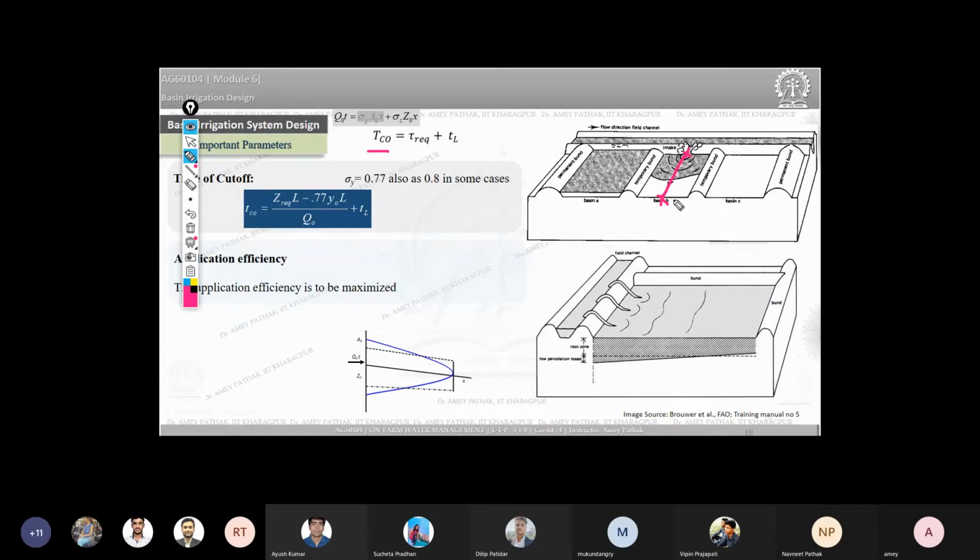What is that time? The time of advance. So time of advance plus the time for this entire field length from 0 to L to achieve at least Z requirement depth. Right?